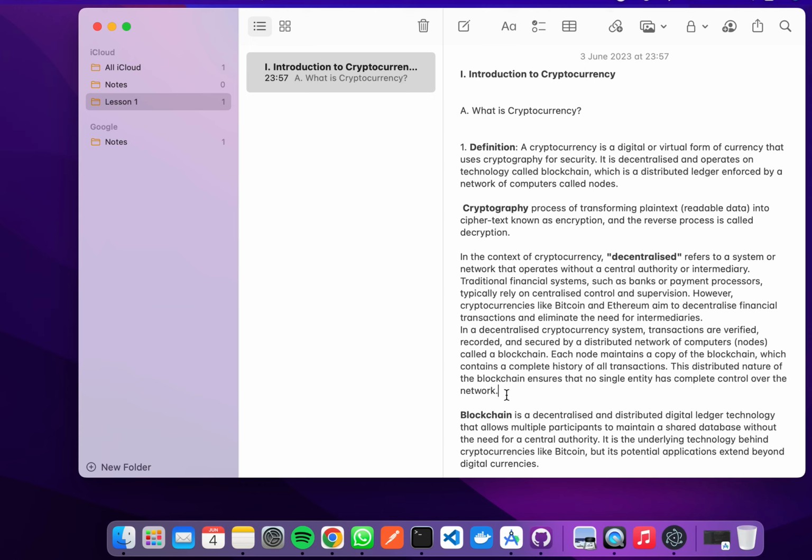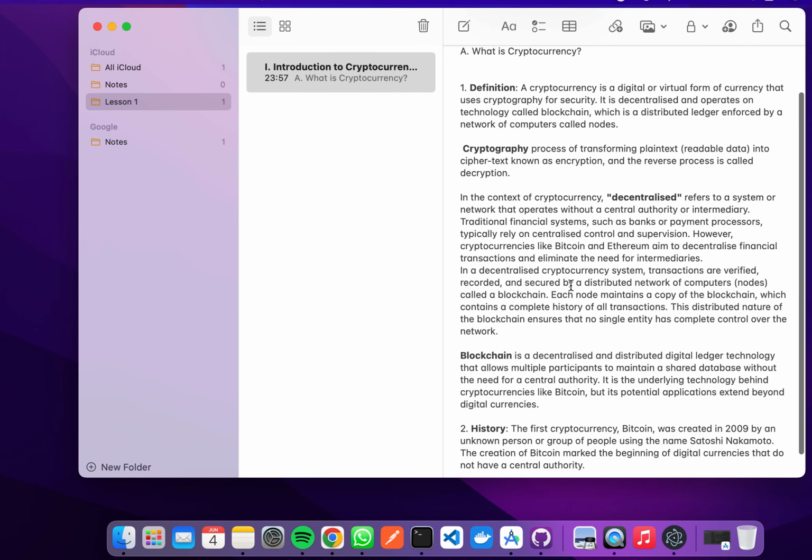You can send the money from Nairobi to Russia to the US without involving the central bank, avoiding all that paperwork, and nobody can block the transaction. So, as we said, they aim to decentralize the financial transaction and eliminate the need for intermediaries. So, this is a very great choice to put your money in.